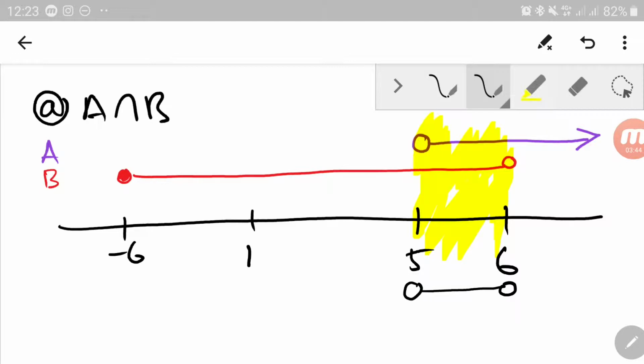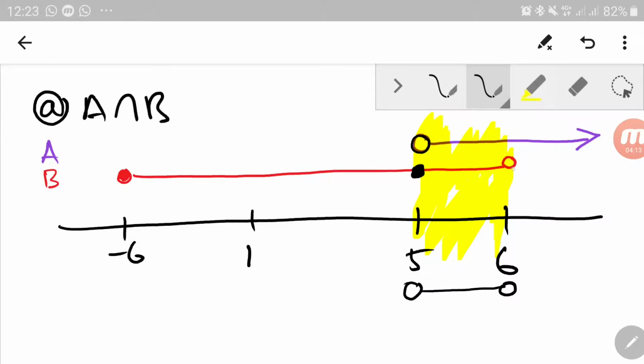Now we are going to decide whether it's an empty circle or a dense circle. You see over here, in B, the 5 is a dense circle. So B has 5, but in A it is an empty circle, meaning A does not have 5. So we cannot take 5 because A does not have it.